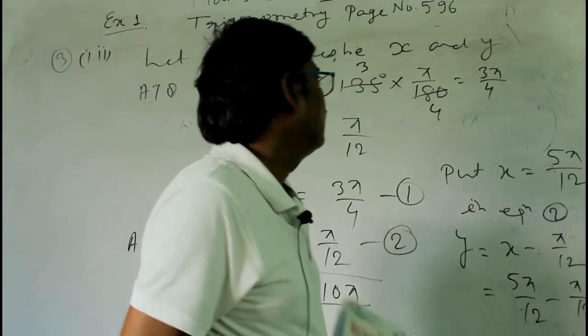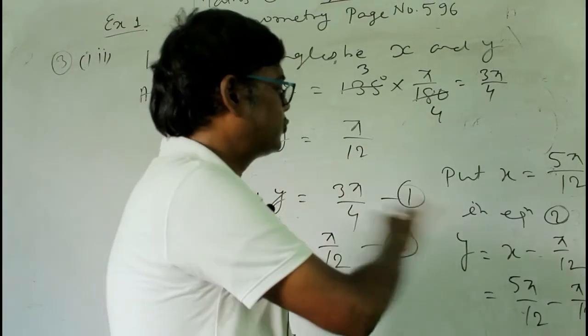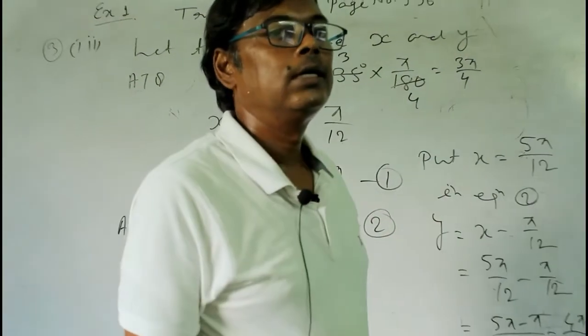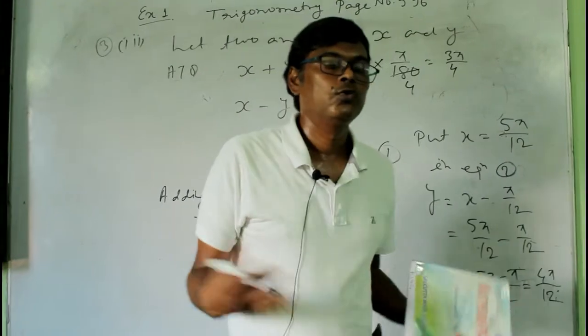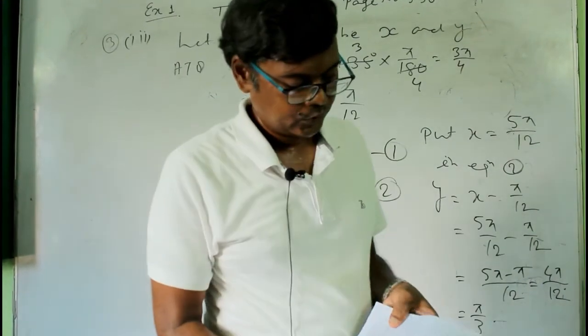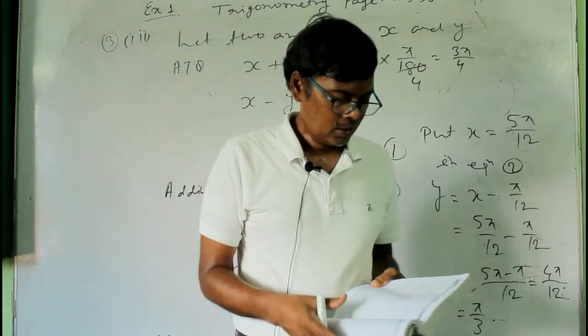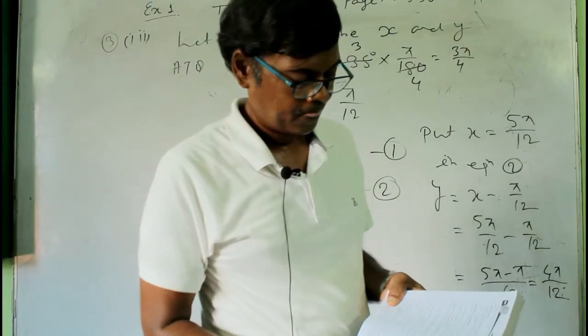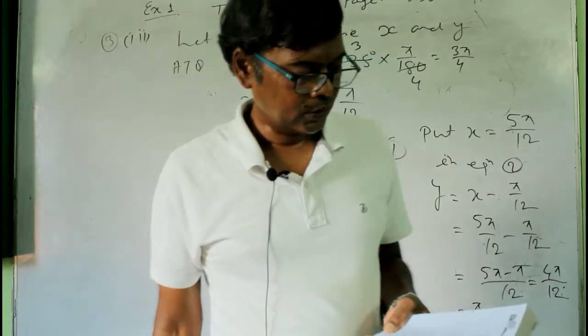Okay, but here I converted first, so I got the angles straight away in radians. Okay, so whichever way you like, you can do it. Okay, so now question number 4.